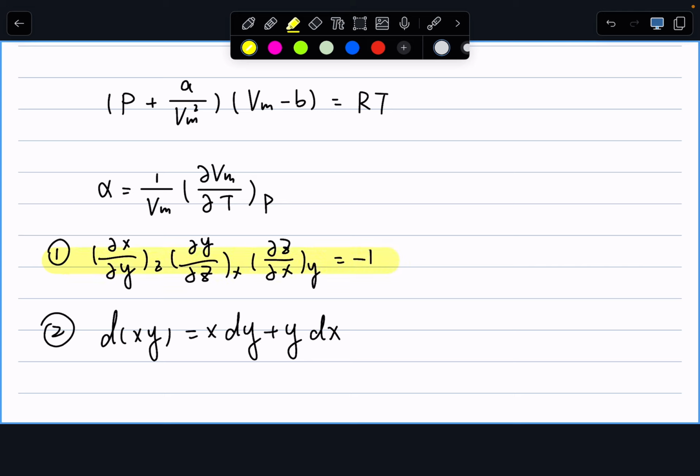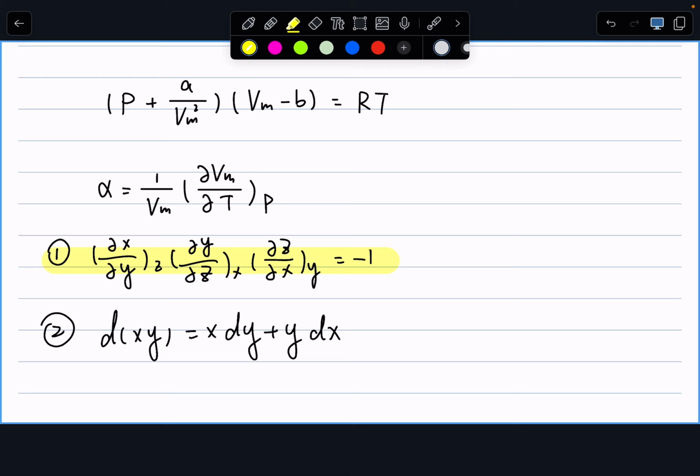So let's do this together. I'll be doing it on the board. If you have a piece of paper, let's just work on it together here. I'll leave this one here for you. Okay. So what do we have? Since we're using the cyclic chain rule, let's just write it out, right?